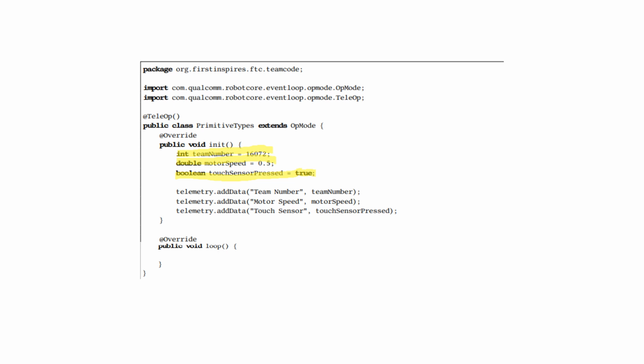That's why you can see the 0.5 here. And boolean touchSensorPressed is either a true value or false value, and it's defined as a true value here. To define variables, you have to first call the data type, then the name, and then equals the value.